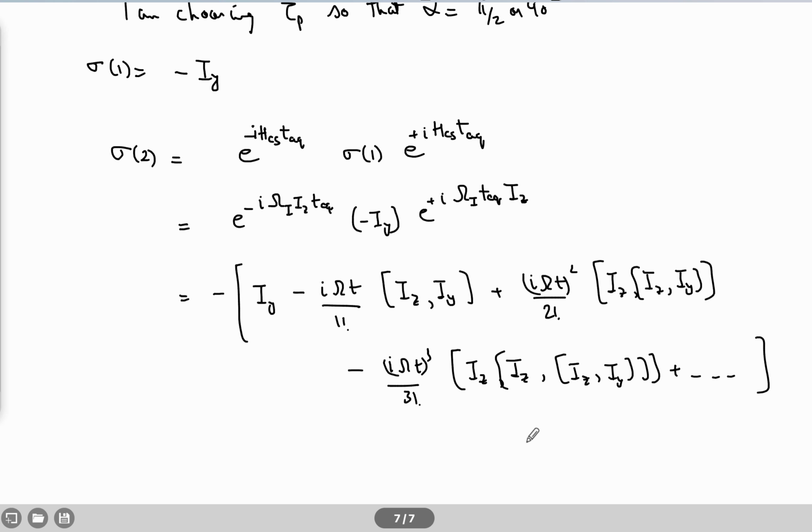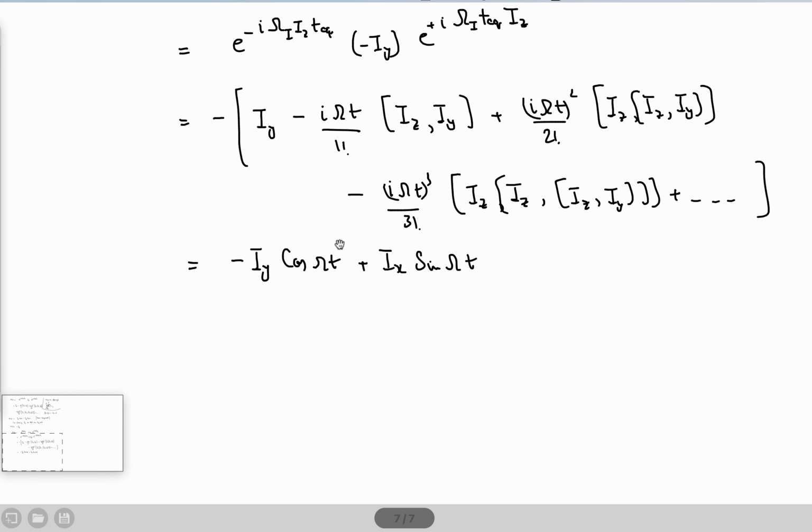So again finish this calculation yourself. It's just plugging in the numbers, finding the commutators, and carrying out this simple calculation. So the answer to this will be minus Iy cos omega t plus Ix sin omega t. Okay, so this is the result of the experiment.